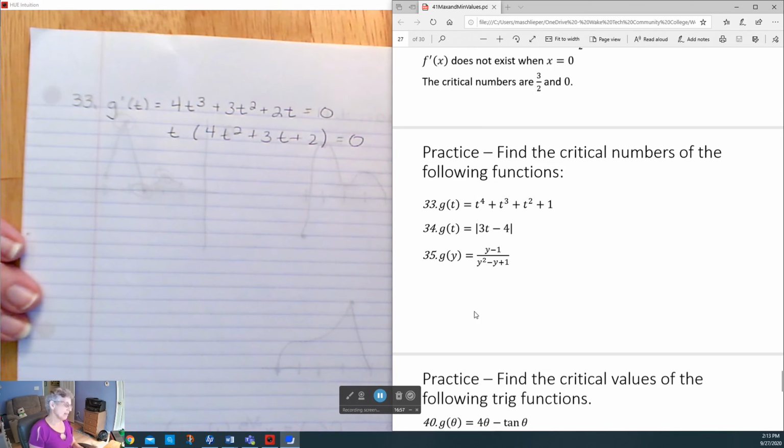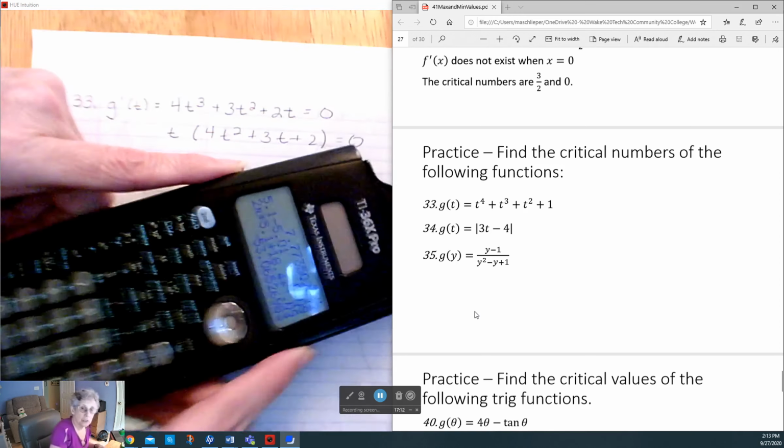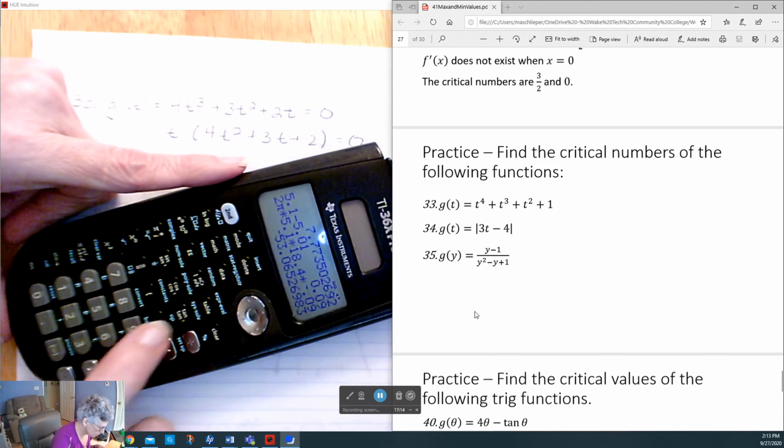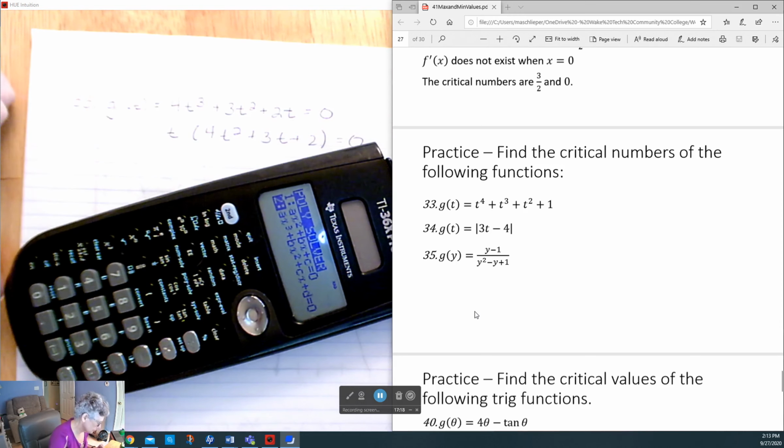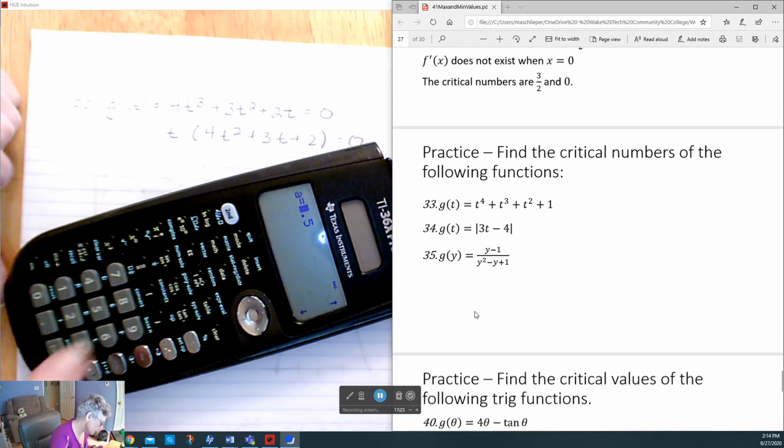And now looking at that, I think there are no zeros for that, because we would need two numbers whose product was equal to 8, whose sum was equal to 3, and that's not going to happen. But just to be sure, let's polysolve. Nope, it's just a quadratic.